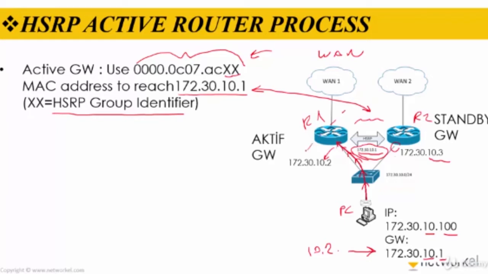But when this router fails, if there's a problem with this router in the network, because 10.2 will fail also, I wouldn't go to the WAN. But if I configure this one, whenever this router fails, router 2 will be the active router and take the traffic onto it, and I'm going to reach the WAN again without any interruption.